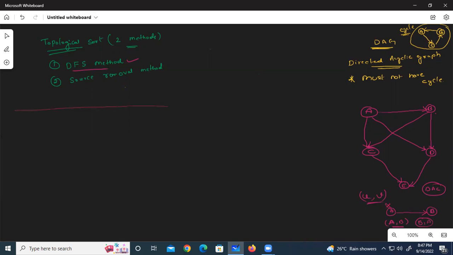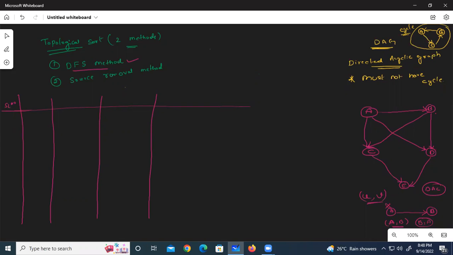See here. Again, the line is not right. Okay. If you want, you can keep a serial number also, but I don't want a serial number.